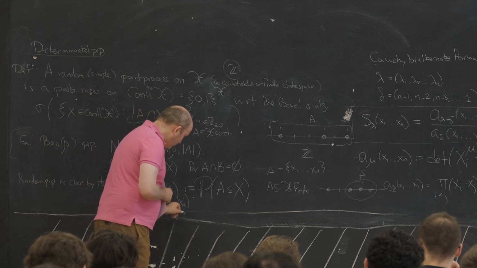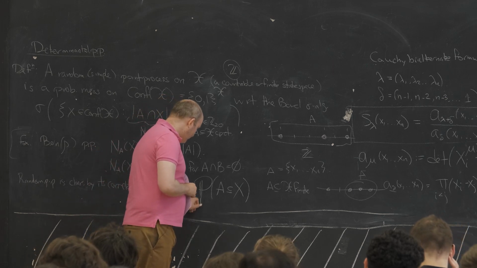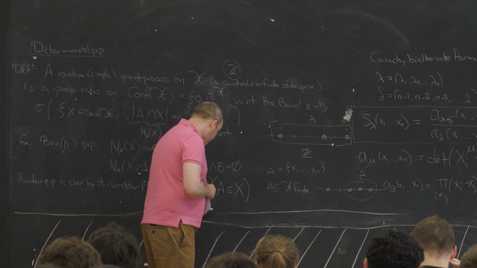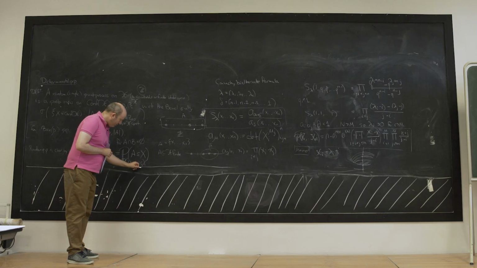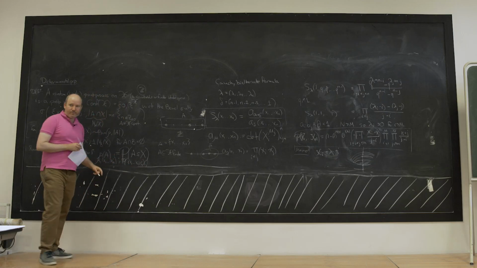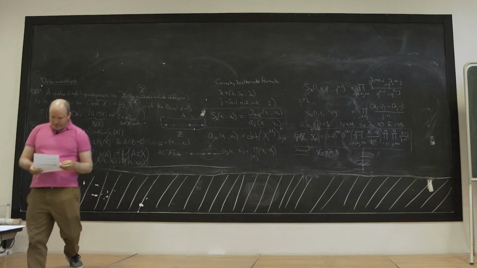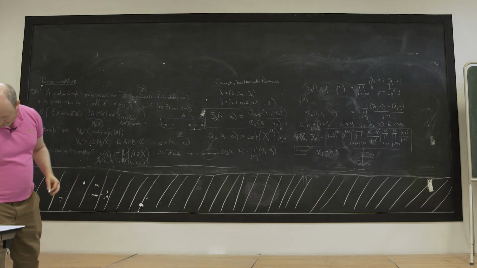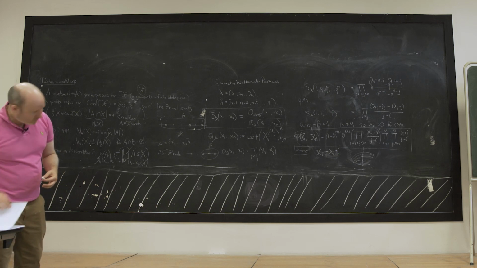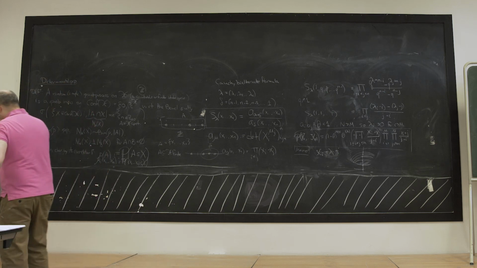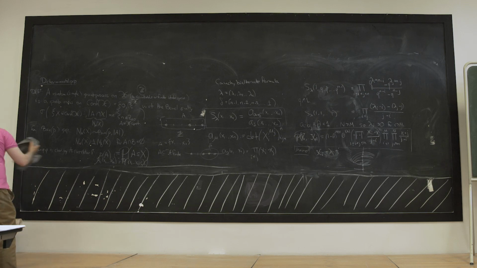It's a symmetric function in these x's, and it's the probability that the set x1 through xn is in capital X, random according to this measure. Okay, so I haven't really done much. I've just set a bunch of notation.